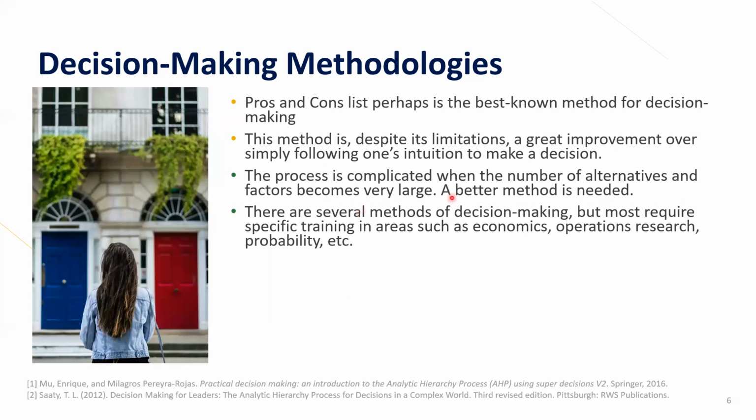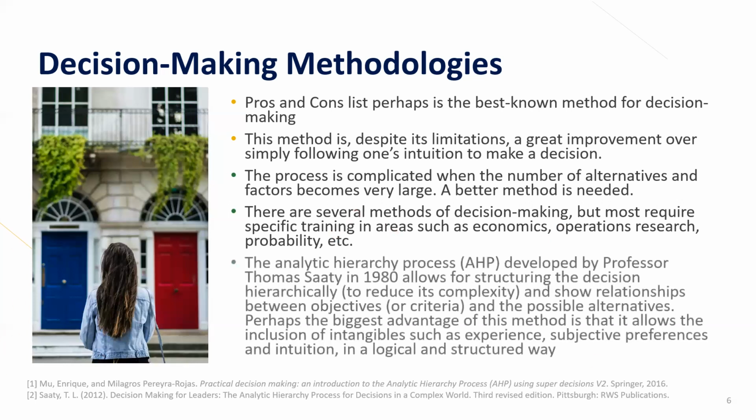Normally we will encourage several methods of decision making. Depending on the area, such as economics or OR, these are tools like OR tools, probability and statistical tools. They have their own decision making and decision aiding tools that can be used.